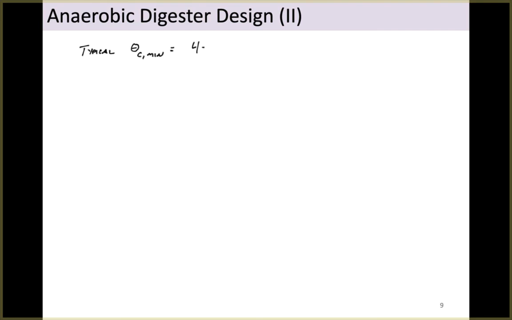Okay, now with theta C min, just to give you a sense of what a typical value might look like, minimum solid retention times may be as short as 4 days if you're keeping that at a warm temperature, so 35 to 40 degrees C. If you drop that approximately in half, you're up to about an 11-day minimum retention time.